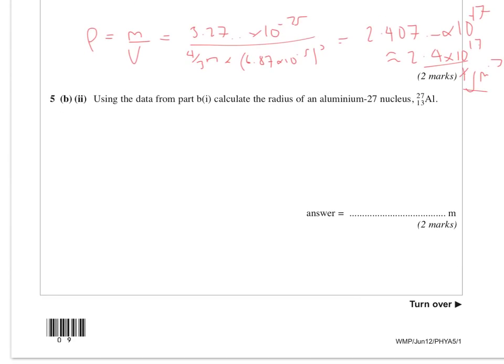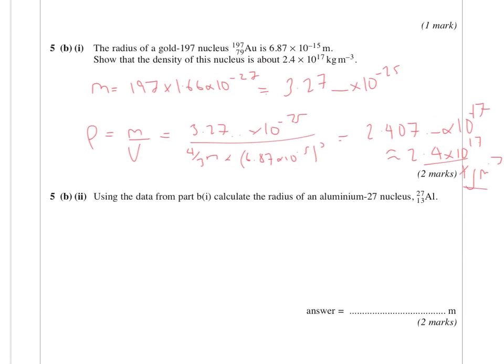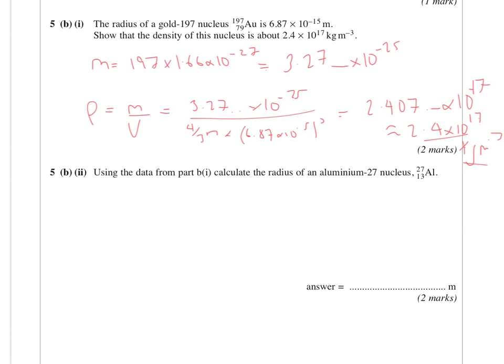Okay, using the data from part B1, calculate the radius of an aluminium-27 nucleus. So nuclear density is approximately constant.